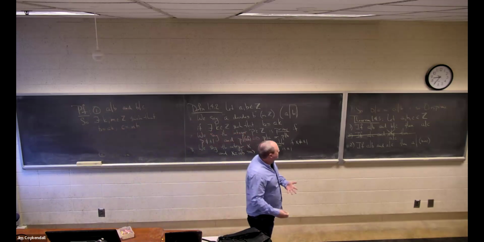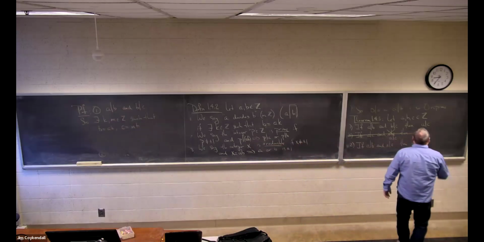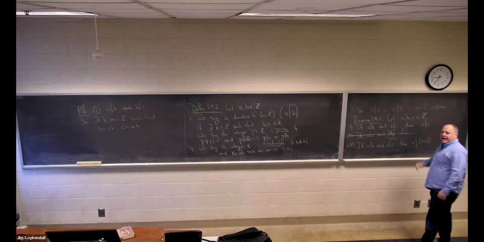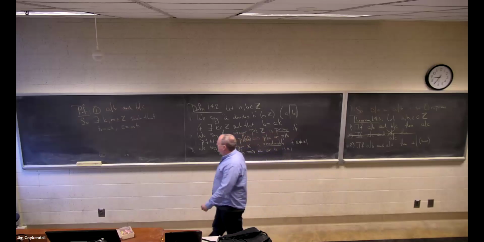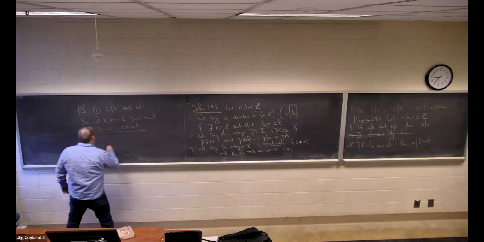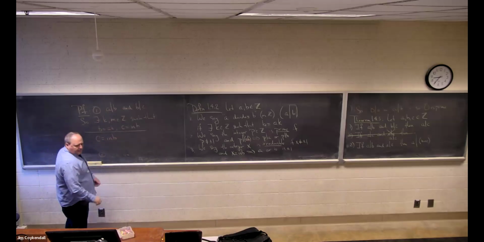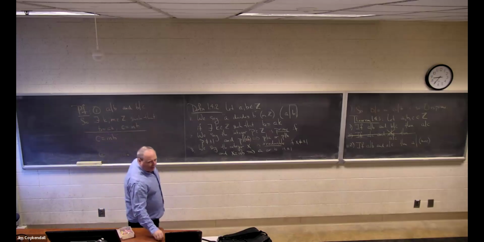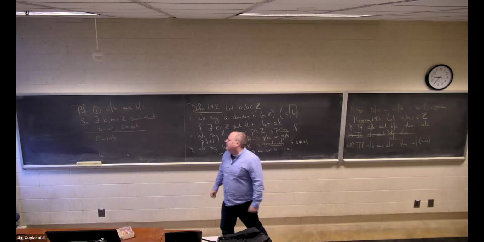What do I want to get? Where am I going? I'm trying to go here: C is a multiple of A. What do I have? I have C is a multiple of B, but that's not good enough. I want it to be a multiple of A. Substitute.